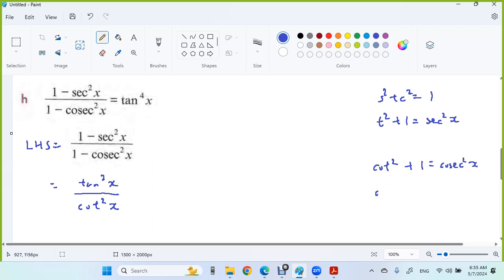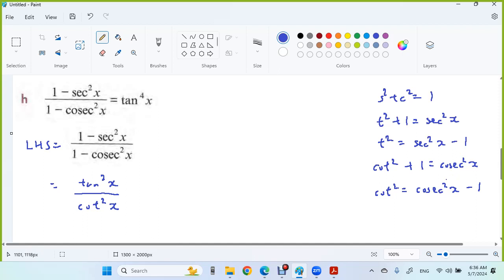So the cotangent square is the cosecant square x minus 1, and then the tangent square is secant square x minus 1.